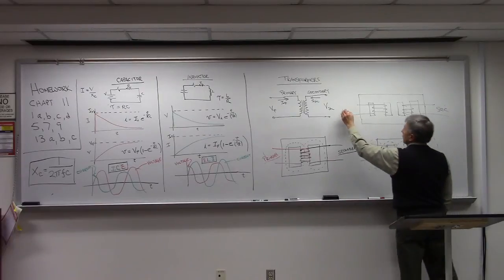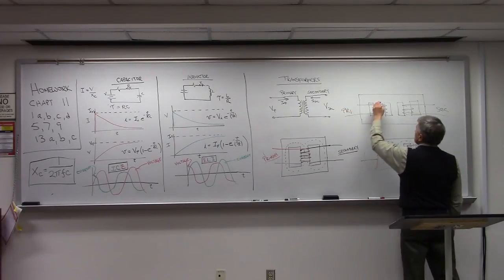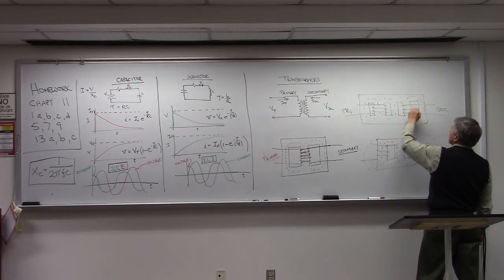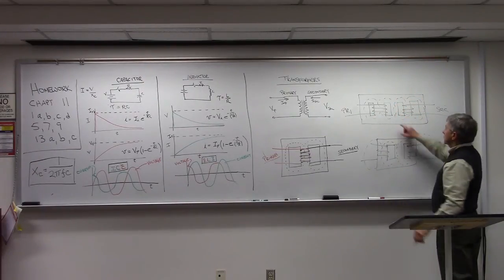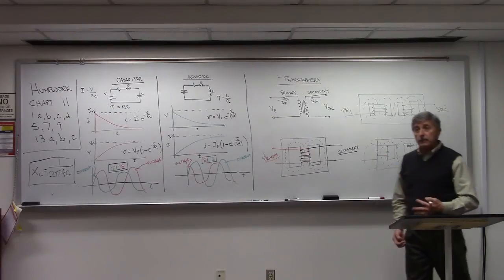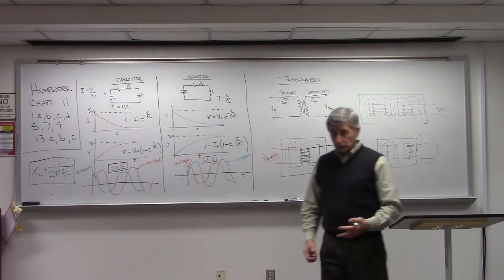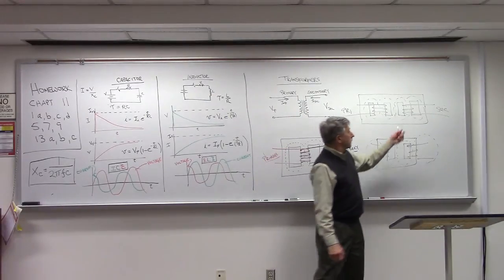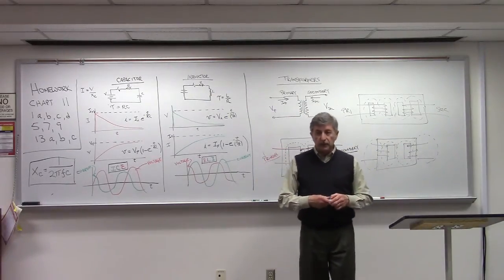And here's the primary. And here's your magnetic fields like so. You would use something like that for a high power transformer. A utility might use a five-legged core when they're building a transformer to power up a development.